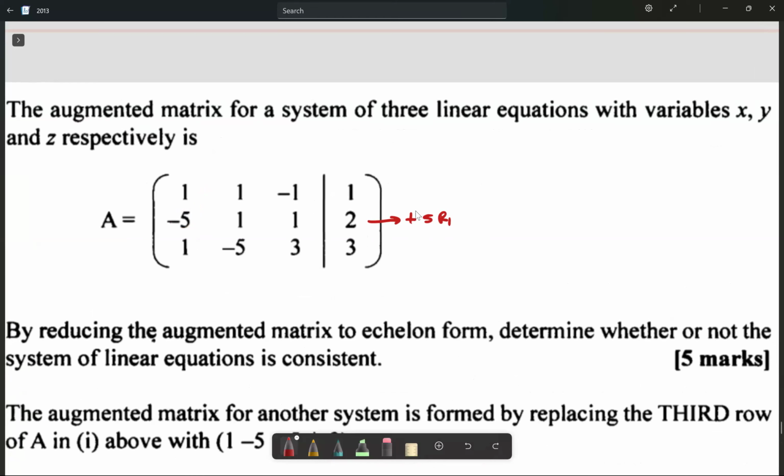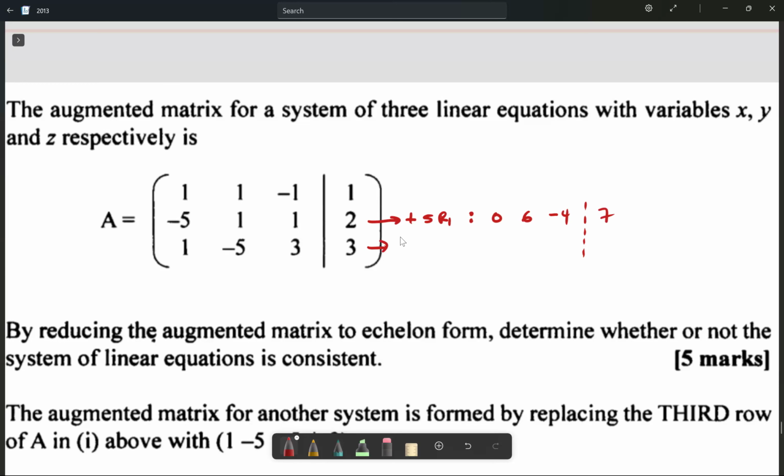So we add 5 times row 1 to that, and we get as a final result here being 0, 6, -5 plus 1 gives us -4. 1 times 5 plus 2 gives us 7.